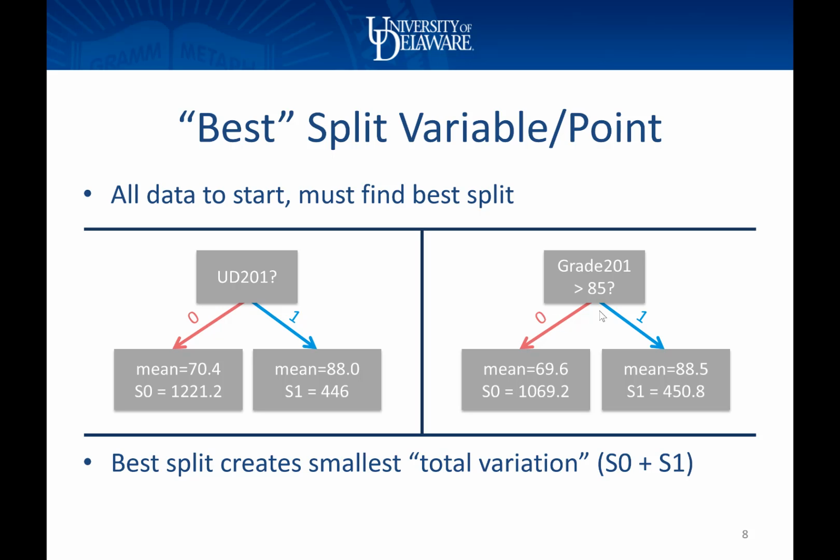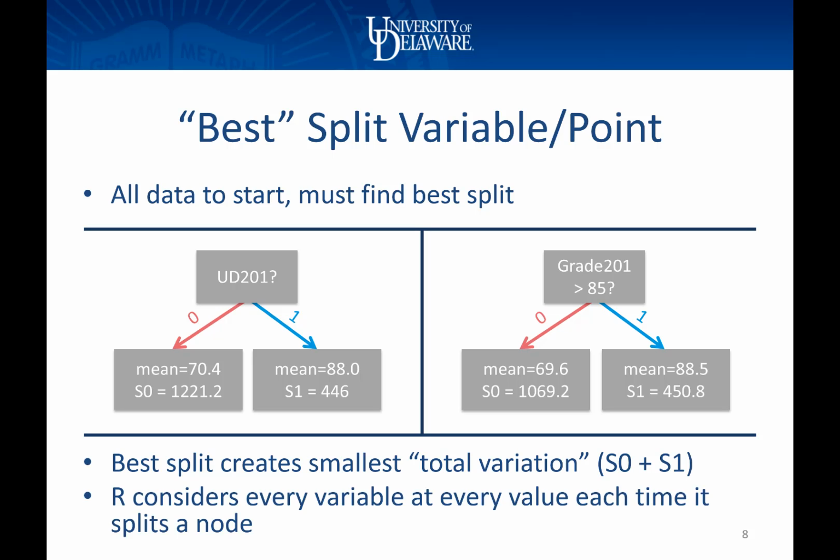We're looking now at two different means, one for each group, and allowing each to vary amongst itself. So now we're calculating the total being the sum of the variation in each group amongst itself. So we want to find the split that creates the most distance between the two groups while reducing the variation inside of each group.